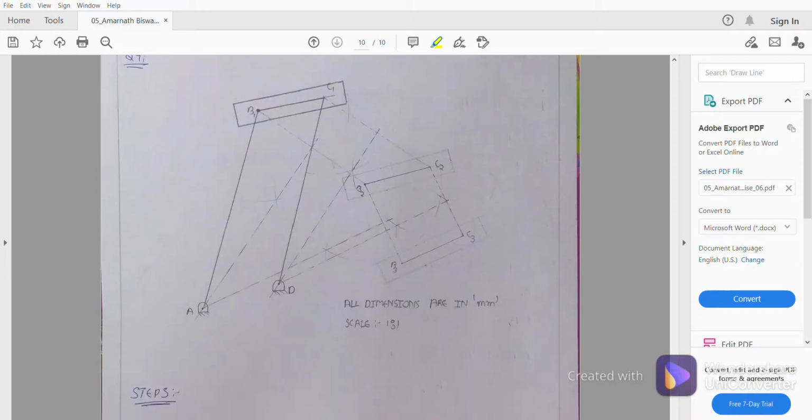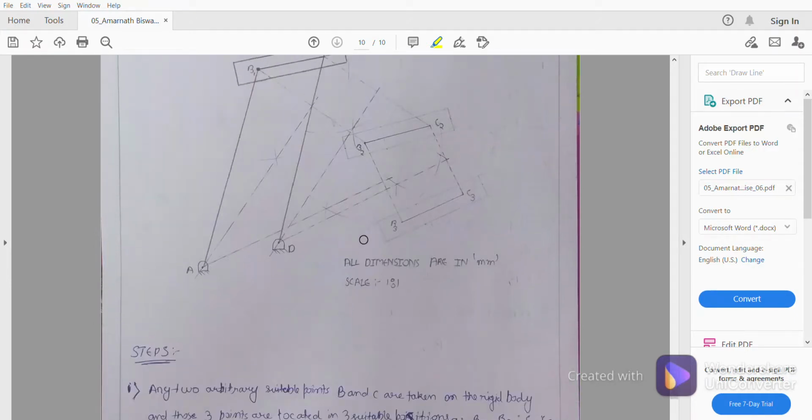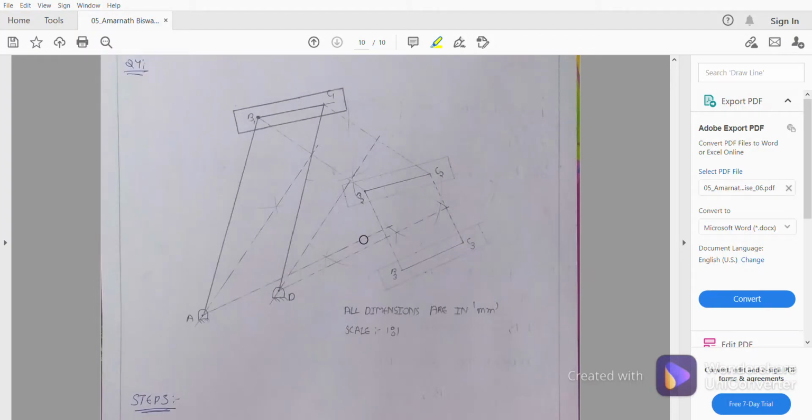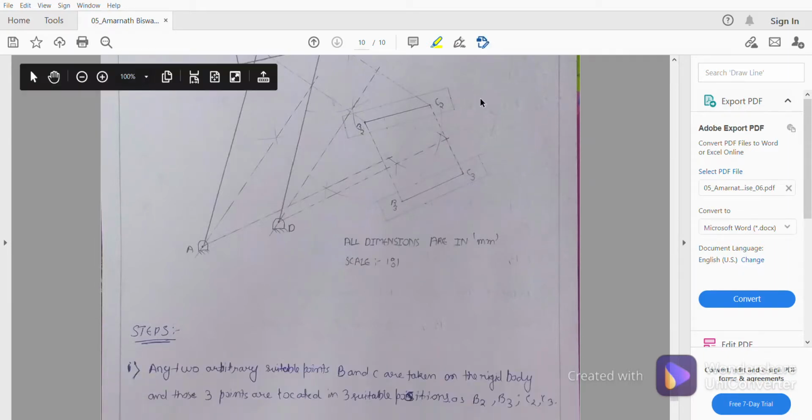So this ends our synthesis of the 4-bar link mechanism by different methods. We learnt the various processes.